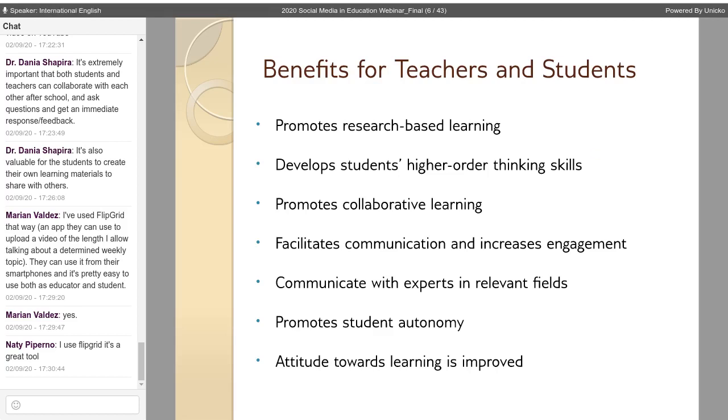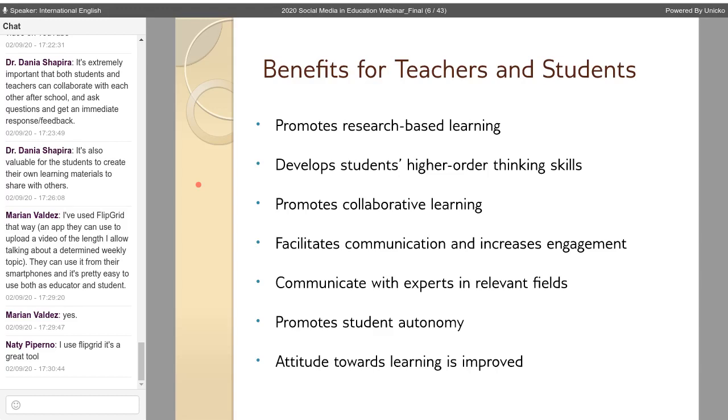Right, Marianne. Thank you, Marianne. Natty is using Flipgrid also, it's a great tool. Absolutely. Learning is a social process. It goes back to Vygotsky's theory, 1978, right?